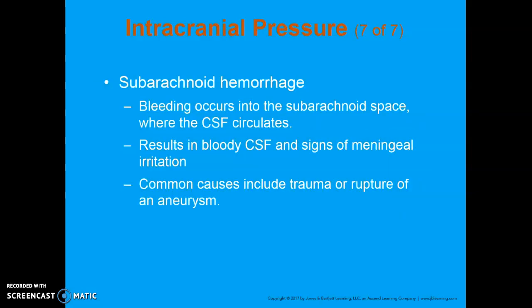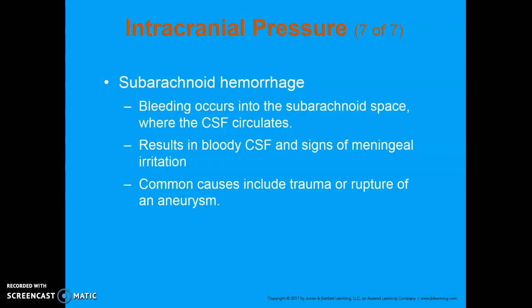And then your subarachnoid hemorrhage. We talked about subdural, which is above this portion, but now if we go below the arachnoid, you end up getting a lot of bleeding into the subarachnoid space, which is where your cerebrospinal fluid circulates. So you can end up with bloody cerebrospinal fluid, and signs of meningeal irritation similar to those of meningitis.